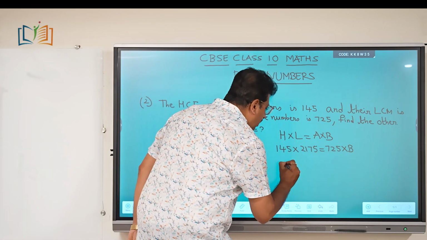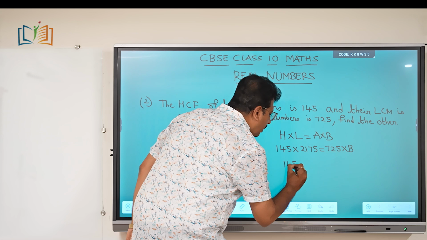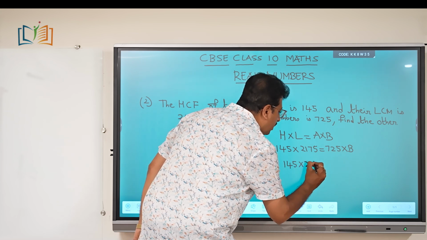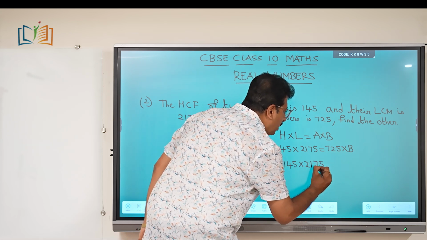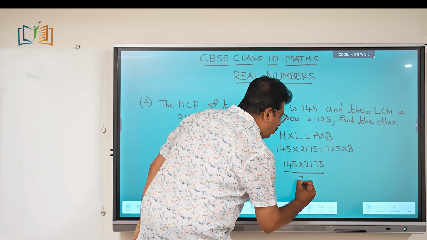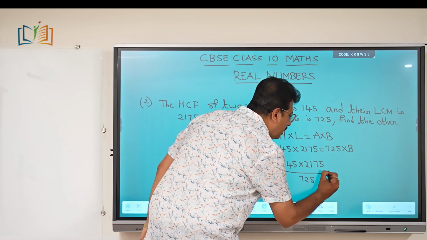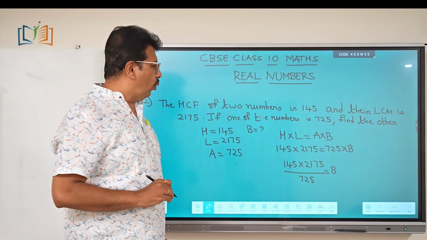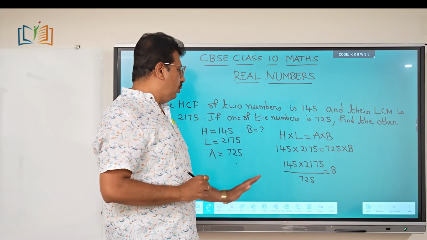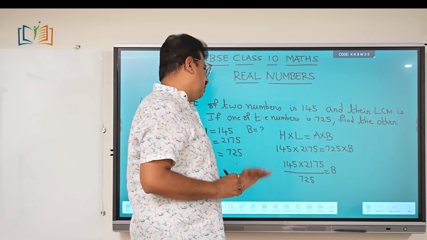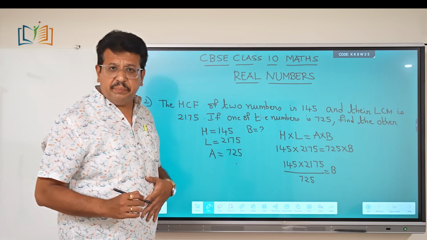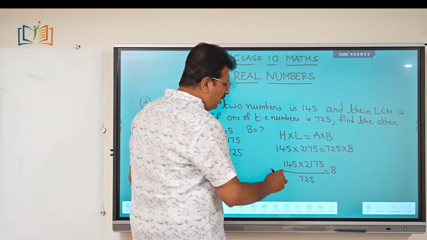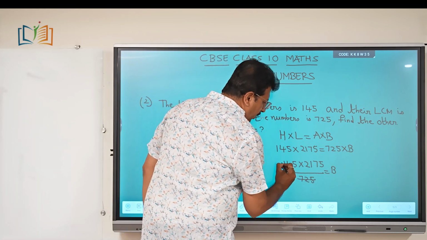So it is 145 into 2175 divided by 725 equals B. This is the number we need to find out. What is the B value here? Now let us start dividing. You know very well the 5 table.